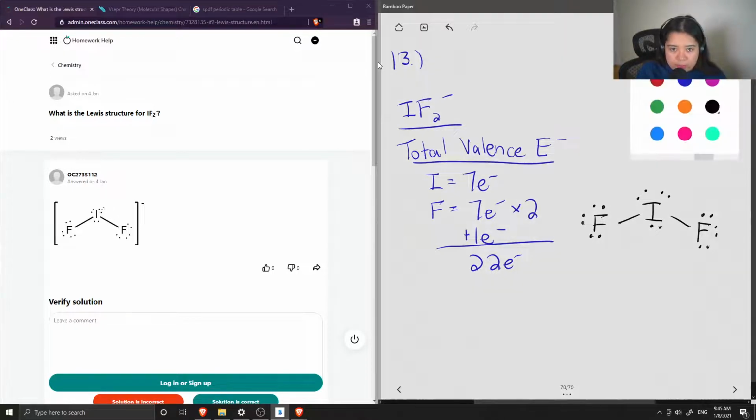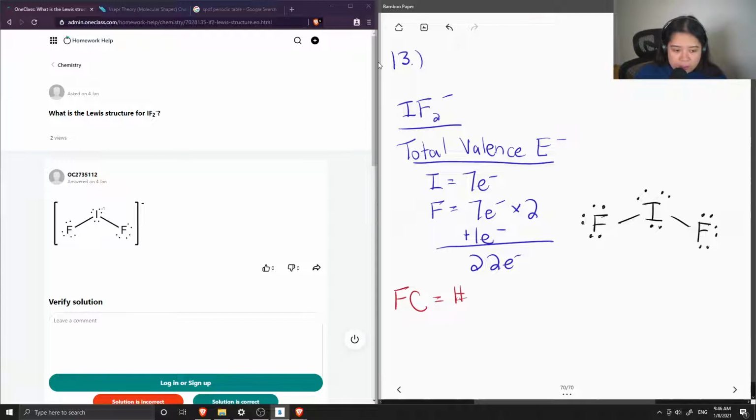So now let's try to find out where that negative charge will go. We can do that by calculating formal charge, which is the number of valence electrons minus the number of non-bonding electrons minus the number of bonding electrons divided by 2.